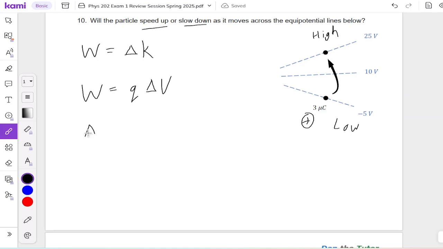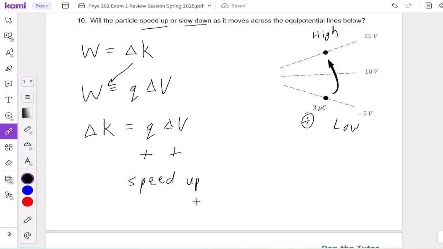In other words, delta K equals Q delta V. And this Q is positive. This delta V, is this positive or negative? Well, I'm going from low to high. It's positive for the reason we said earlier. And so the answer, at least using this method, is going to be speed up.